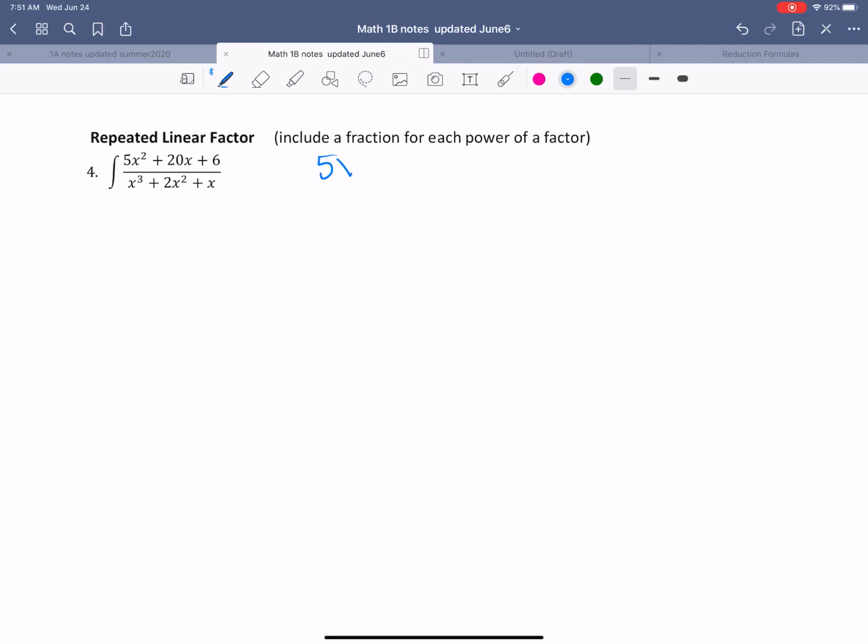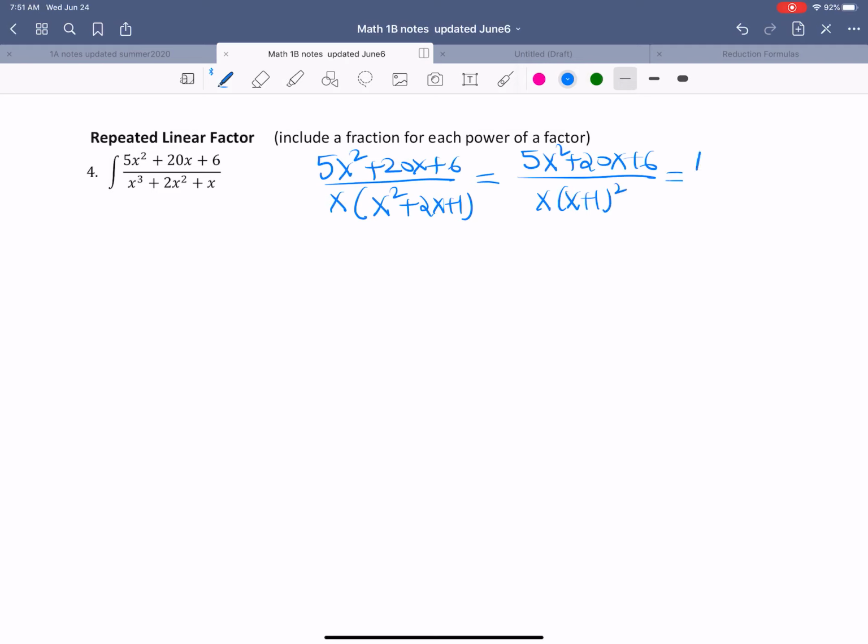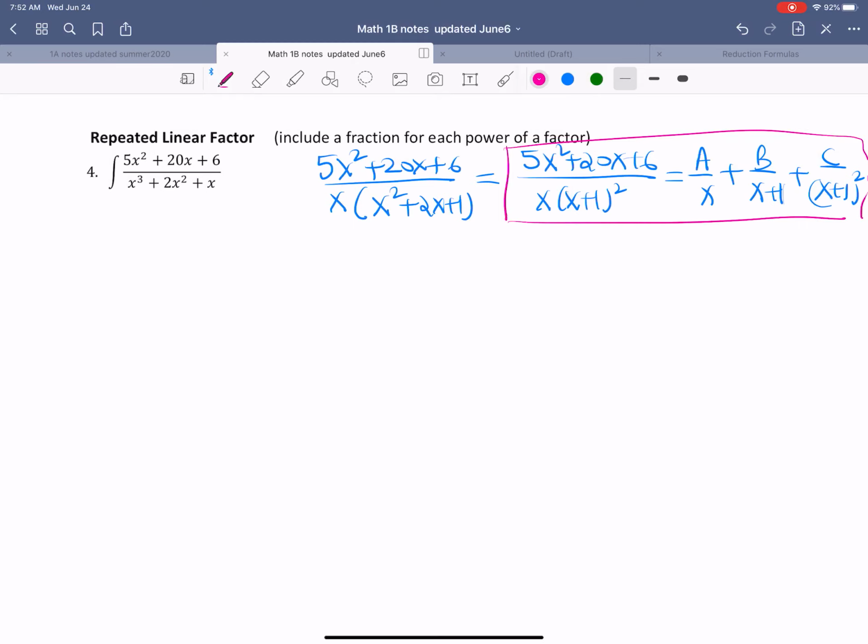Okay, 5x squared plus 20x plus 6 divided by, I can pull out an x from the denominator, which is x squared plus 2x plus 1, so 5x squared plus 20x plus 6 over x times (x plus 1) squared. So, a repeated linear factor. What should I do in here? I set up my partial fractions. So I'm going to be only working with this piece now.